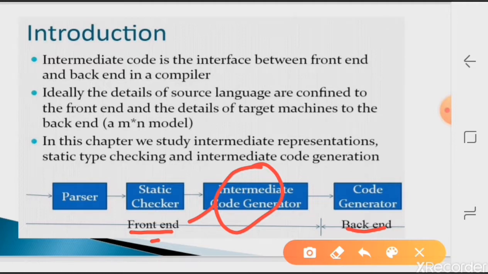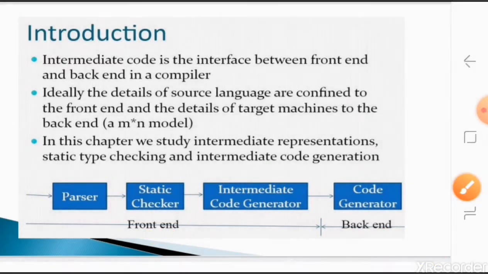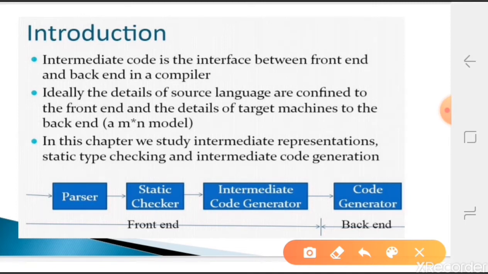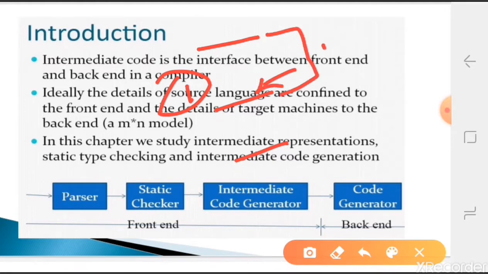Our intention is this: whenever you are developing a compiler divided into two parts, if I divide it so that the first part generates some intermediate code, I can do this in m number of ways, and the second part, generating the actual object code from this intermediate code, I can do in n number of ways. So with two different parts, we can have m into n different models to develop a compiler.